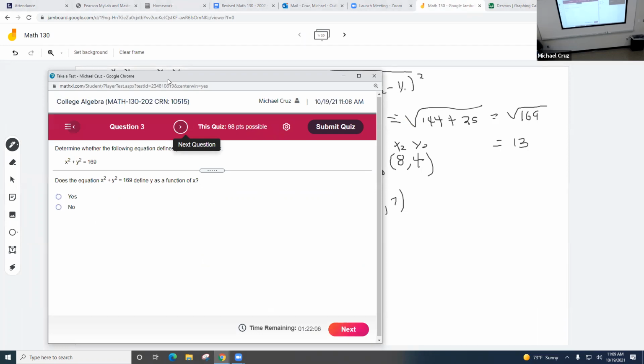Basically, if anything is being done to y like that, squared, or if it was an absolute value of y, then it's not going to be a function, because you can mess with x, but not with y. When you've got y squared, there's no way to solve for y and have just one output. Okay, gotcha. So this is not a function.